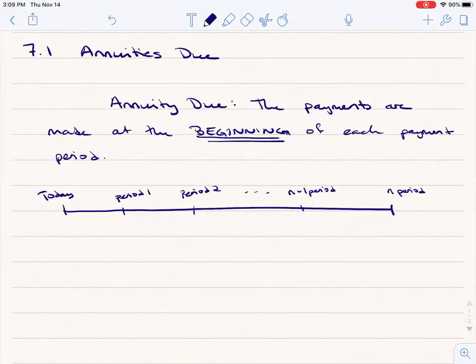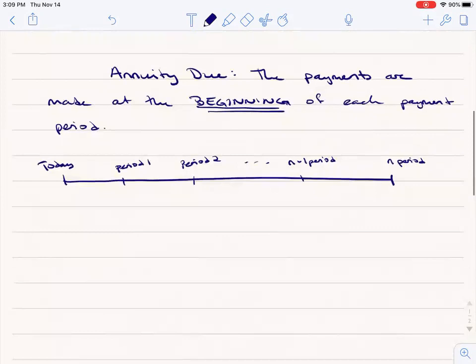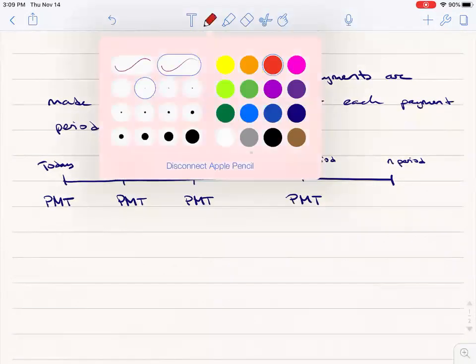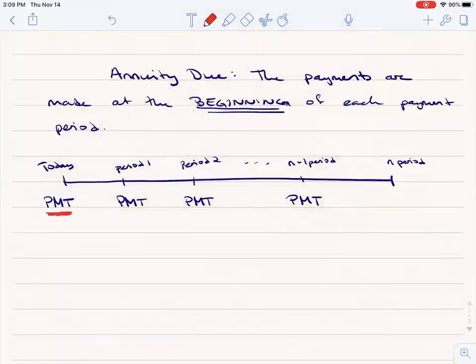So now these payments start today and go all the way to the beginning of the last payment period. The only difference here is that now we've got a payment here and there's no payment here. Besides that, everything stays the same. Everything for annuities stays the same.